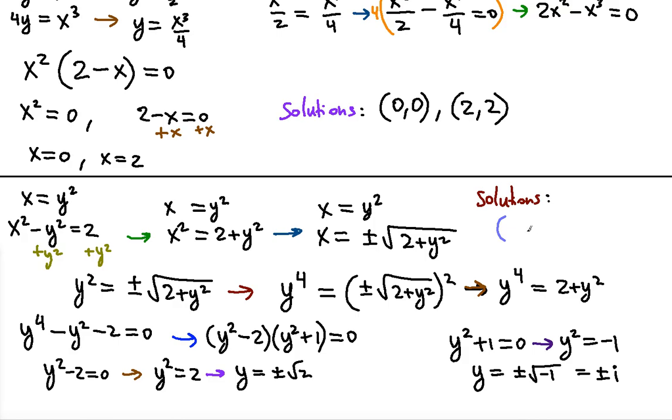So let's test radical 2 first. So when y is equal to radical 2, let's plug this y radical 2 in here. You square the radical 2, right? Because y is squared here. Squared radical 2 just gives you positive 2. When you square the negative radical 2, for the second y solution, you still get positive 2 for the x, right, because the negative squared is still positive, so it's 2.